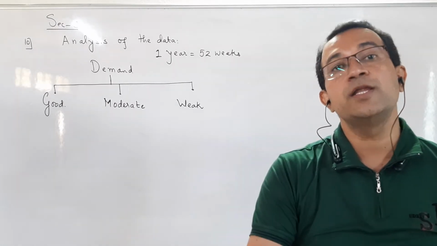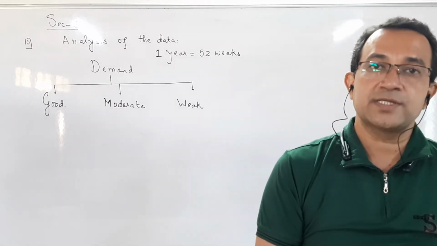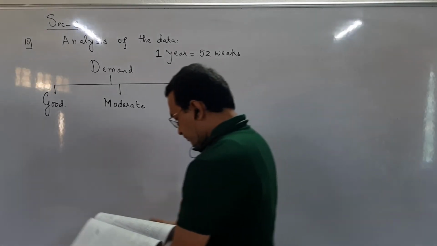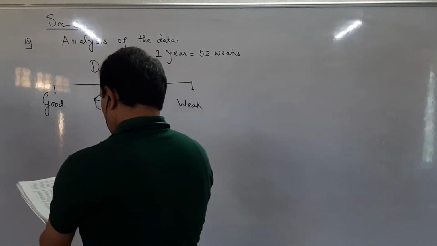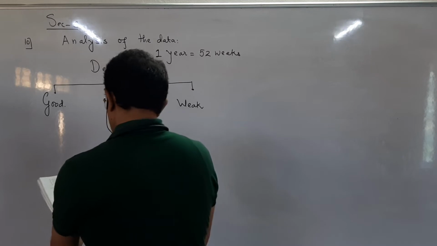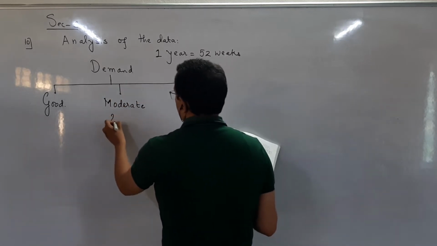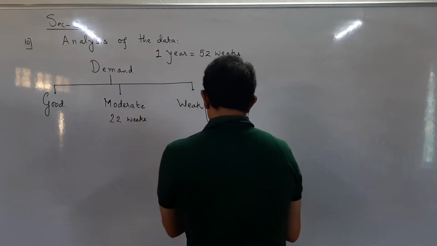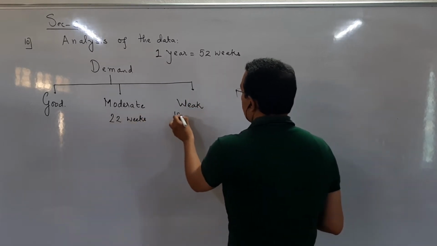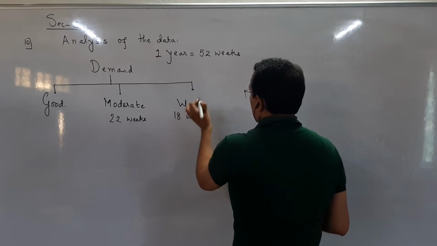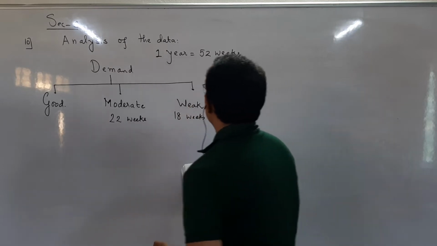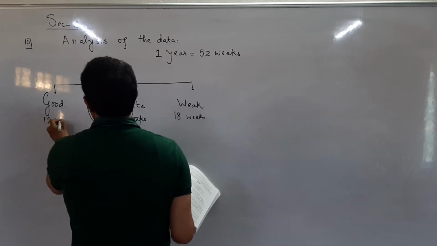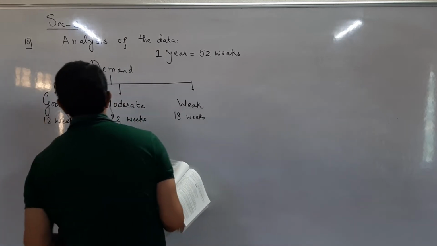And if it is a normal year, then 52 weeks and 1 day extra. So the demand was moderate for 22 weeks and it was weak during 18 weeks. Now 22 plus 18 is 40. 52 minus 40 is 12 weeks. The demand was good.